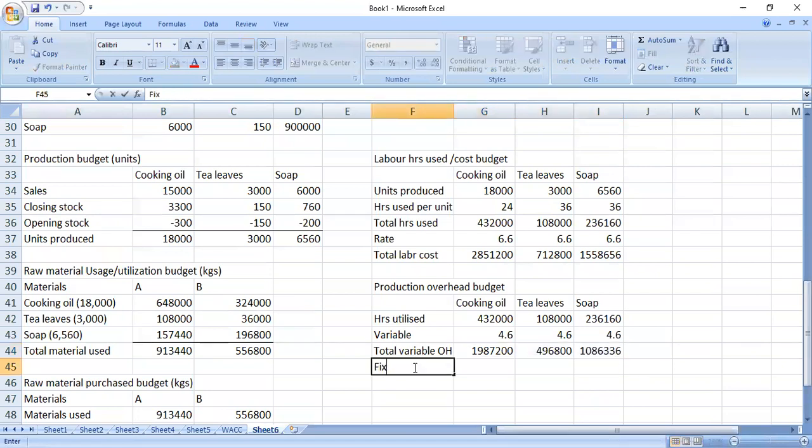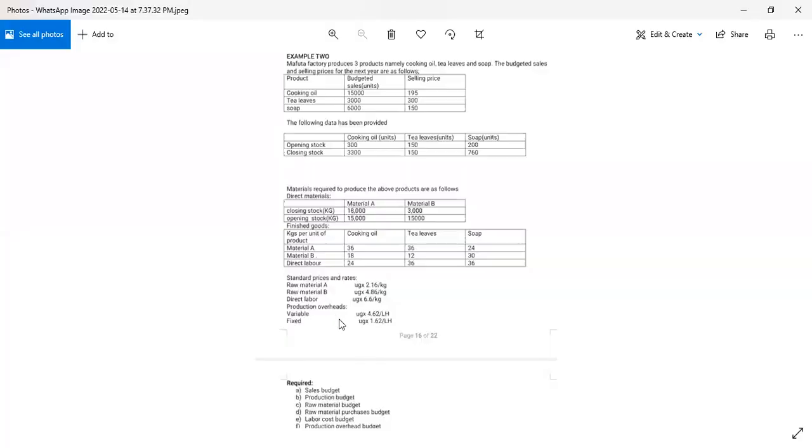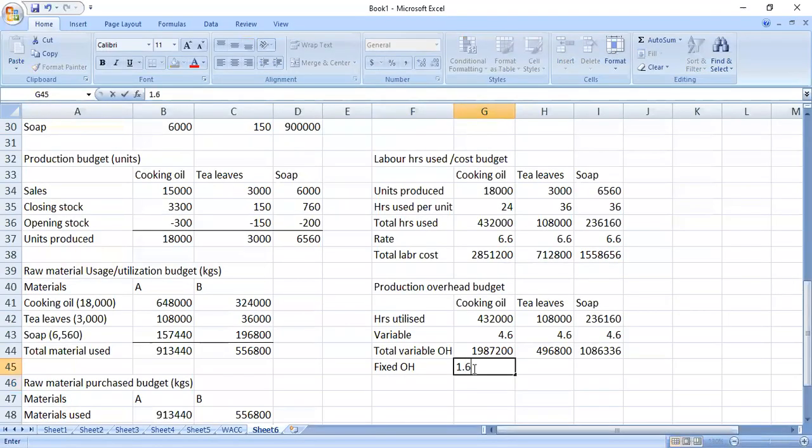Then we also have fixed overhead. For the fixed overhead, let me just refer to it. Fixed, I said that the rate is 1.62 per labor hour. Okay, so you come and put 1.62. Okay, so it's the same rate everywhere.